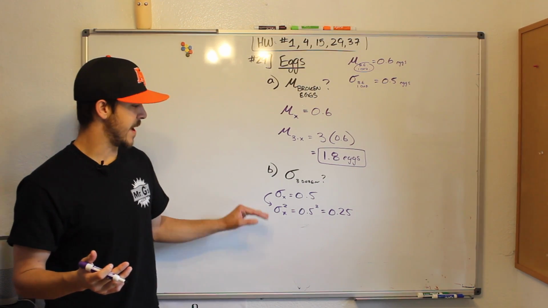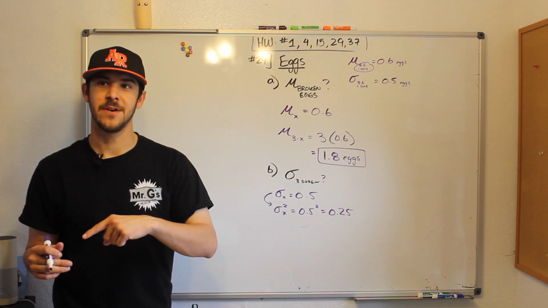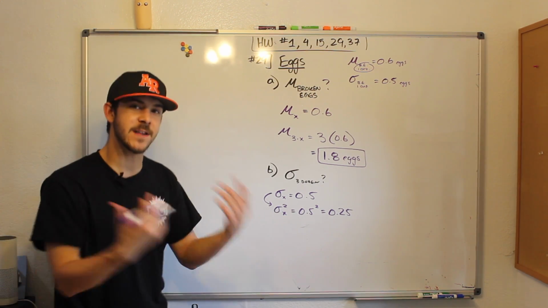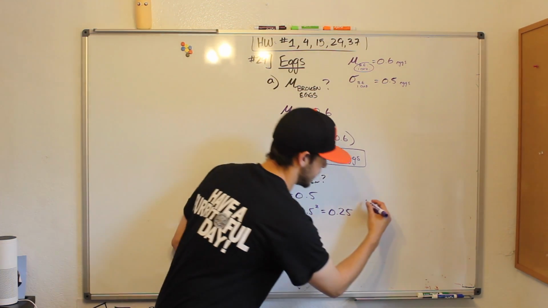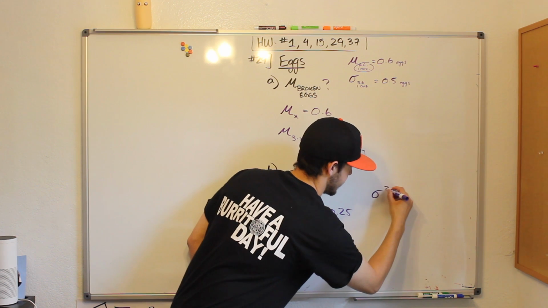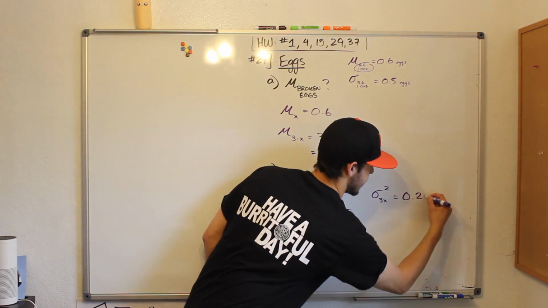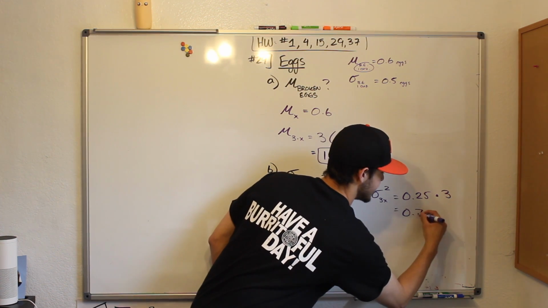For this type of math, we can actually take the 3 dozen eggs that we have and get our information using the variance here. So we can find the variance of 3 dozen eggs. So if we take this 0.25 and multiply that by the 3 dozen that we have, we get 0.75.